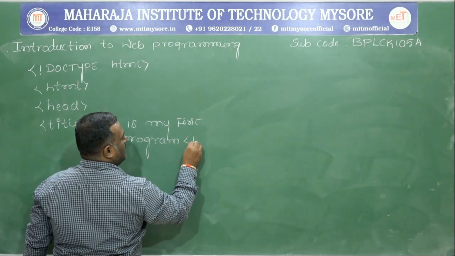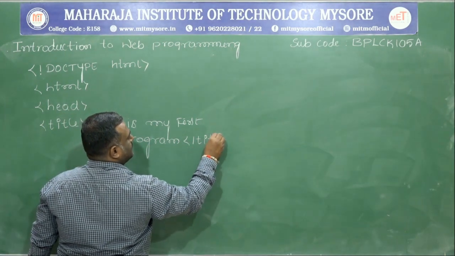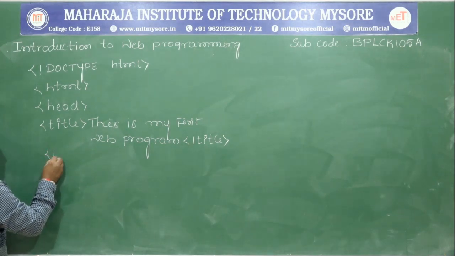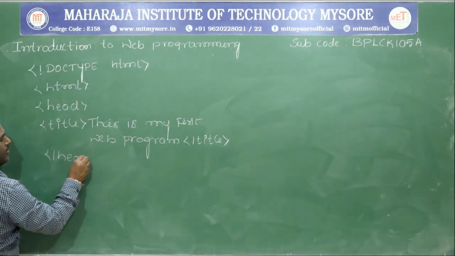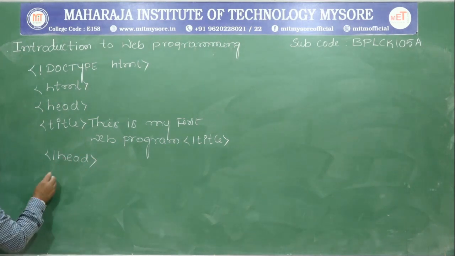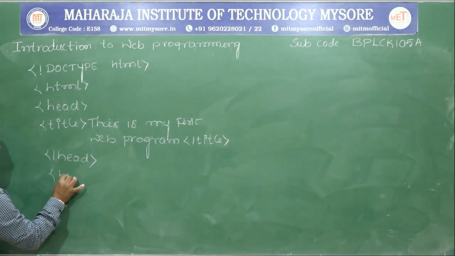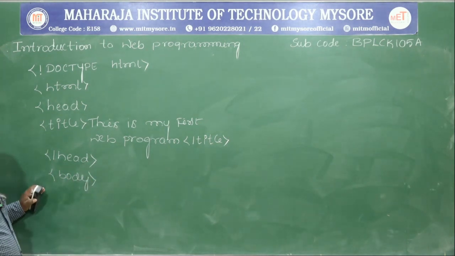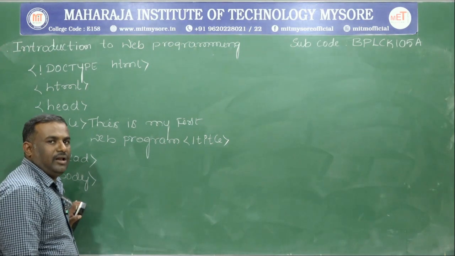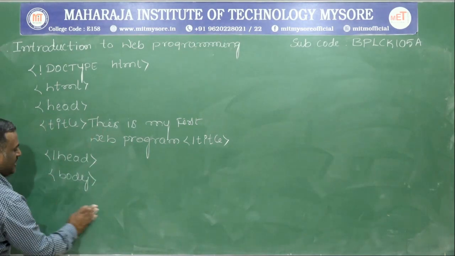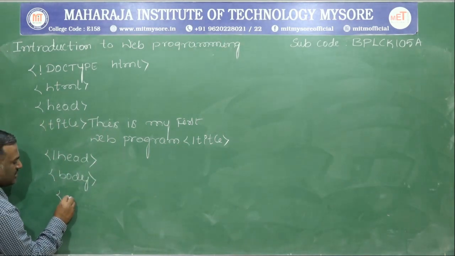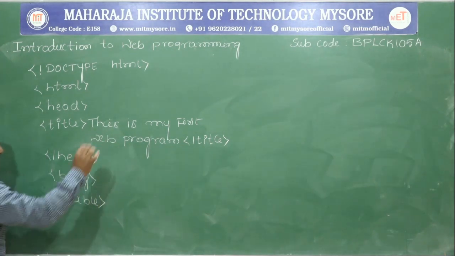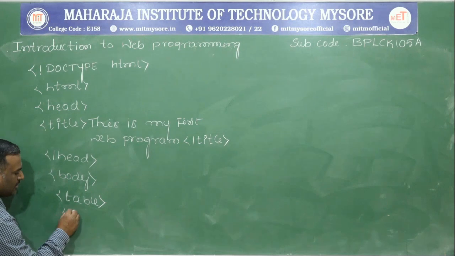And then end of the title. Next, end of the head. Next part is the body part. Inside the body part, you are going to write the table elements. The root element is called table, followed by the tr.